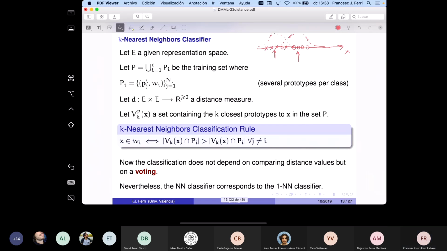It's okay? What would be the nearest neighbor classifier in this case? So I will have a boundary here, another boundary here, another boundary here, and then I will decide class 1, class 1, class 2, class 2. You see?